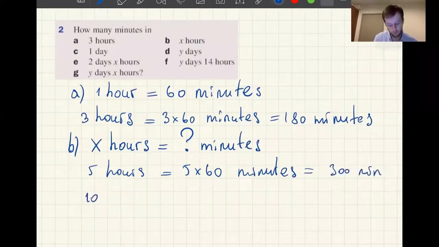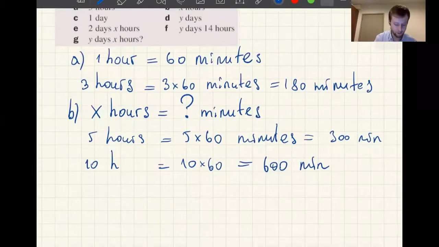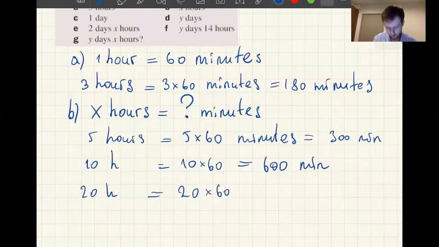10 hours. I will do a lot of them for now. 10 hours is 10 times 60, which is 600 minutes, right? If we do 20 hours, we have to do 20 times 60. So by now, I think you should be getting it, that X hours is just going to repeat the pattern.